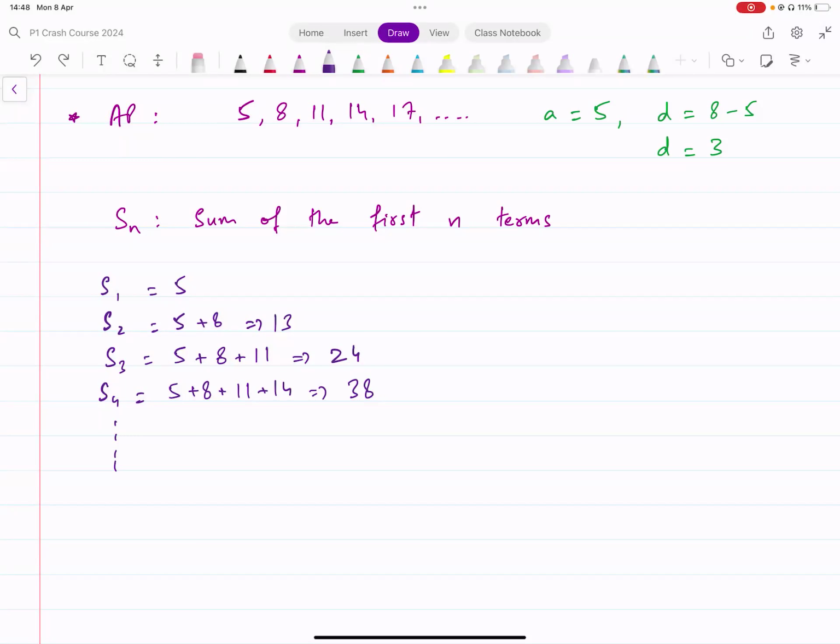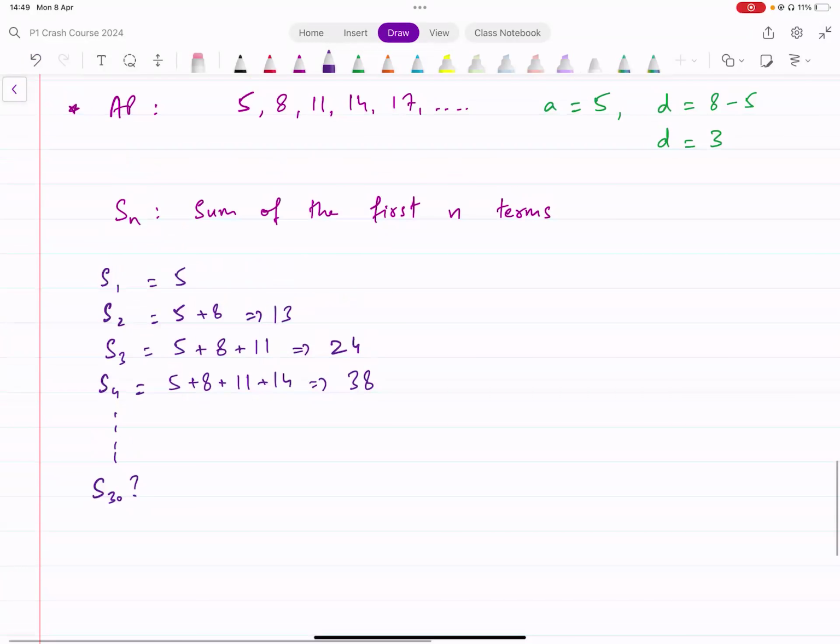But here we were just looking for the sum of the first few terms, and we already knew what those terms were. What if we wanted the sum of the first 30 terms? What if you wanted the sum of the first 300 terms? That will require us to add a lot of numbers, and that manual working is going to take a lot of time. So we need some direct method for evaluating this sum as well.